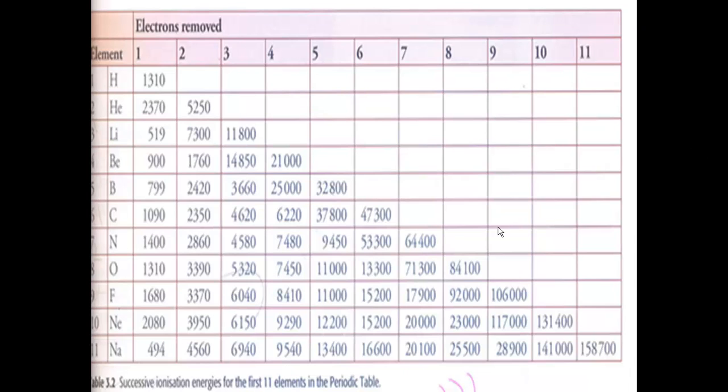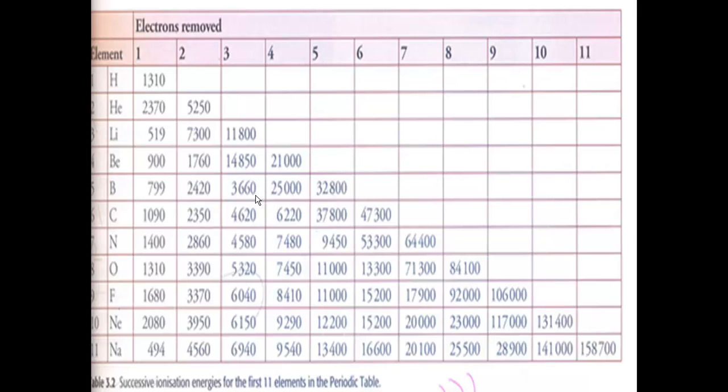Here's a table. A big thing you want to look at is the jump between energy levels. If you look at lithium, 519, remember lithium is in the first column and jumps all the way to 7,000 because after 1 electron it has a full outer shell. Same thing with beryllium. You take away 2 electrons, there's a big jump to the third, just like calcium was.